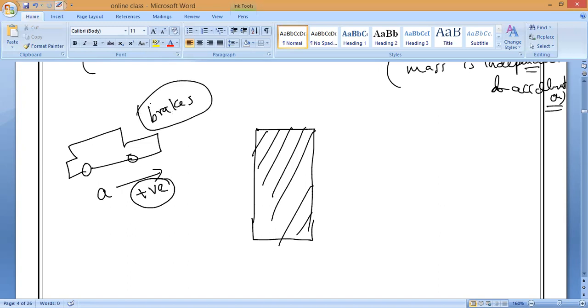Speed is decreasing, velocity is decreasing. Then what do we call that? Retardation. So we represent retardation with a minus: a is minus. So increasing velocity is positive acceleration. Decreasing velocity is negative acceleration. Clear, everyone? That is retardation, we can say.